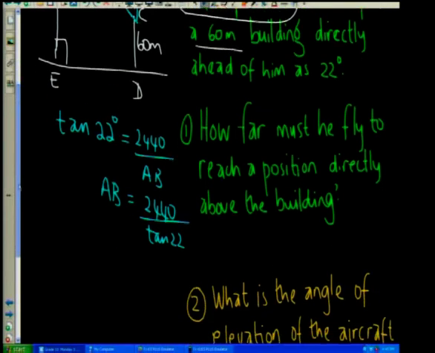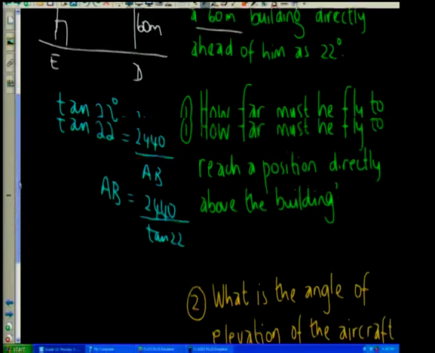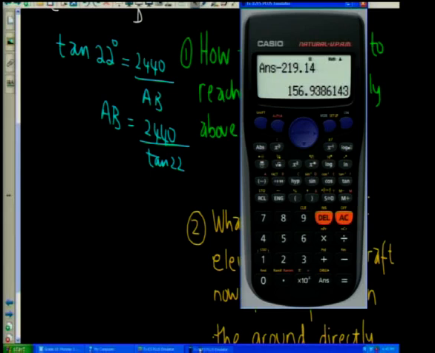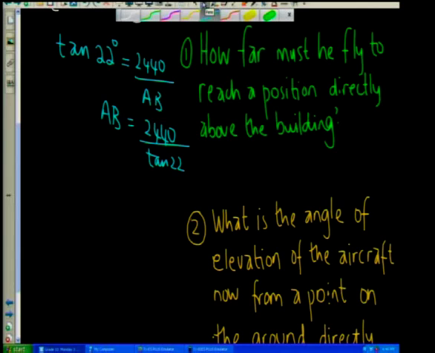So in the end, we can now use our calculator to just see what 2440 divided by tan 22 is all about. That gives us a distance of 6,039 meters.